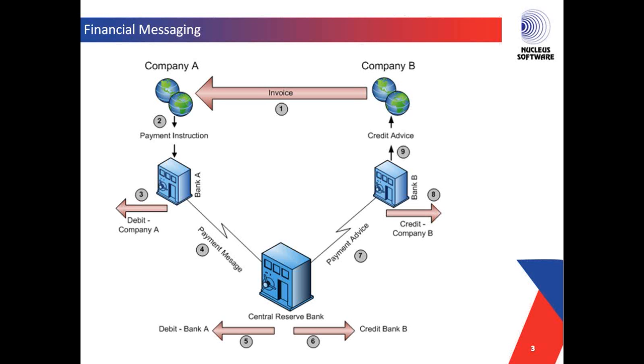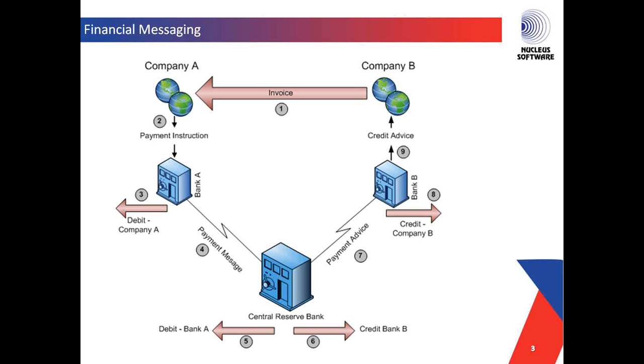When such instructions can be uploaded through files, typically a file transfer protocol, like SFTP or FTPS, can be used. And if it is an internet banking site, then of course we discussed just a few minutes back. In turn, bank A will need to send this instruction to the clearing system.